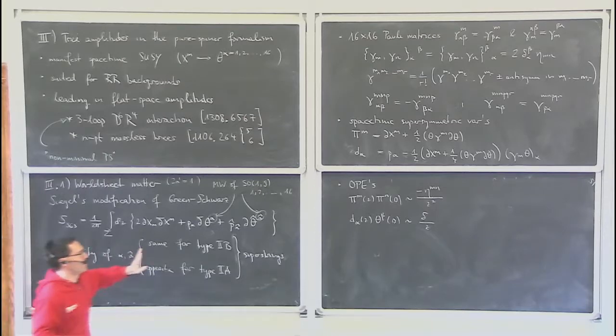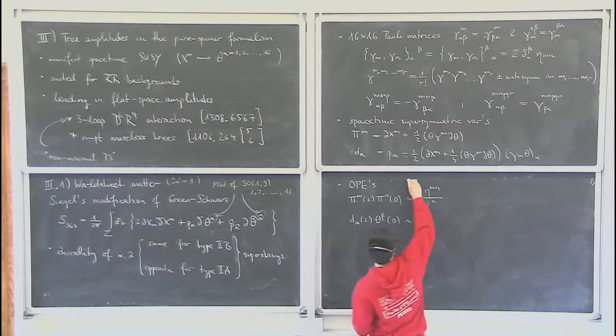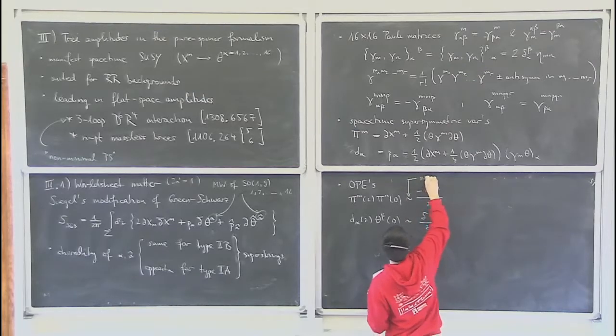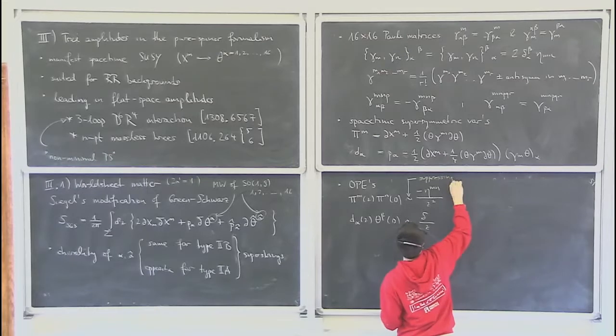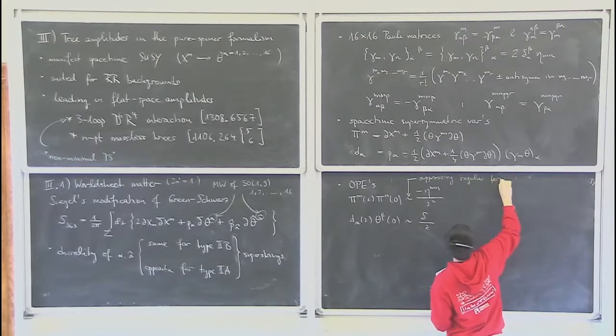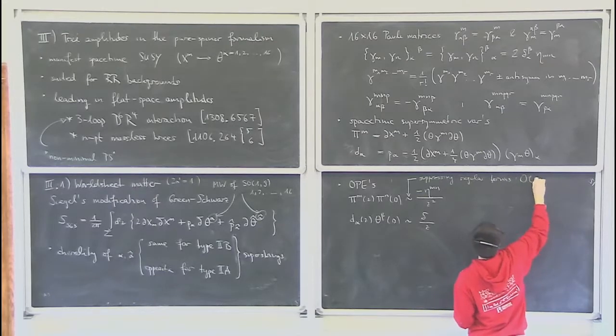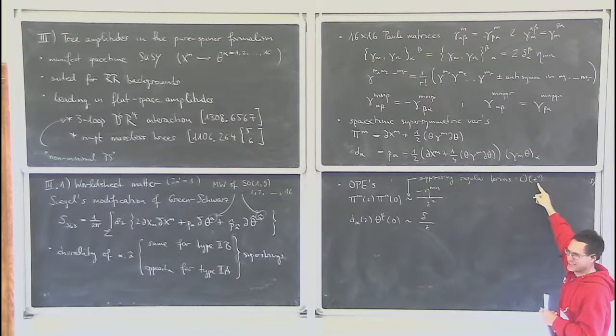Right, I'm sorry, that should have been specified, what I mean by the tilde. Suppressing regular terms. So already the z to the power 0 terms are suppressed in stating these OPEs.